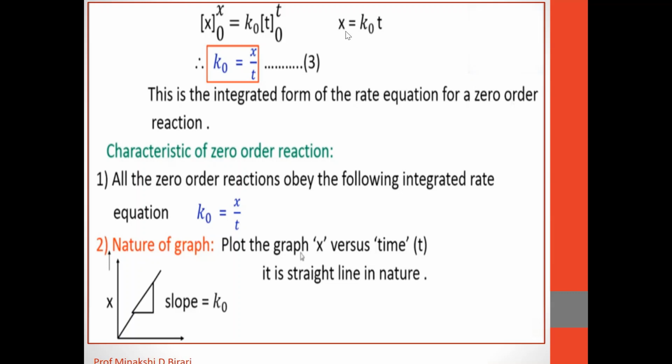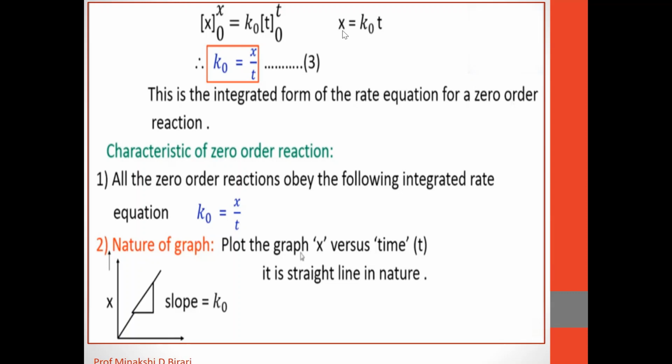So we simplify this. By using the lower limit and upper limit, we get x minus 0 equal to K0 into t minus 0.